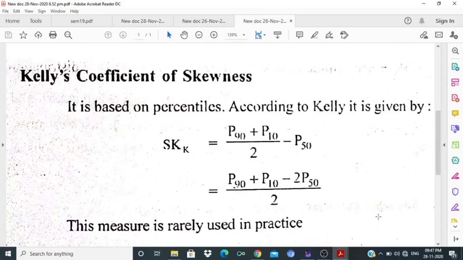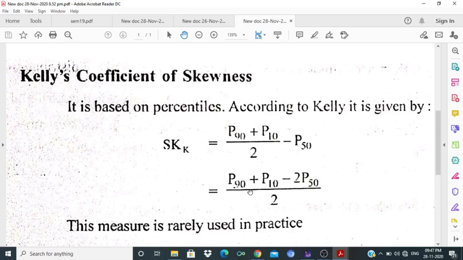We can use the partition values to compute the coefficient of skewness and the coefficient of kurtosis also. Kelly suggested this coefficient of skewness based on percentiles, and this is given by SK, where K refers to Kelly's. It is P90 plus P10 divided by 2, minus P50.